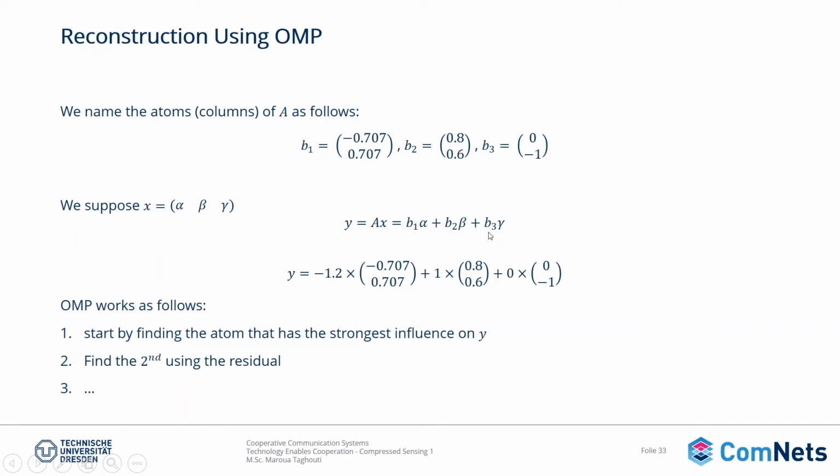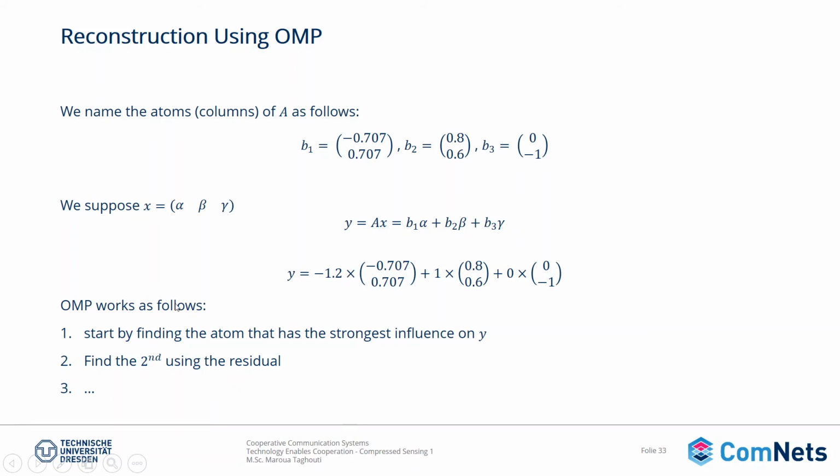A nice analytical expression, or a linear combination, writing y equals Ax gives alpha times b1, plus beta times b2, plus gamma times b3. And here we can see how my y could actually be.